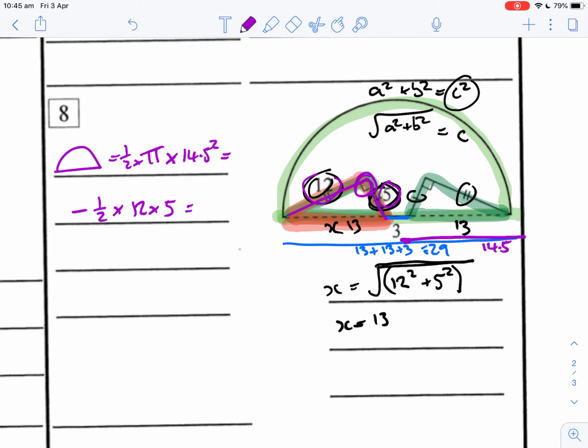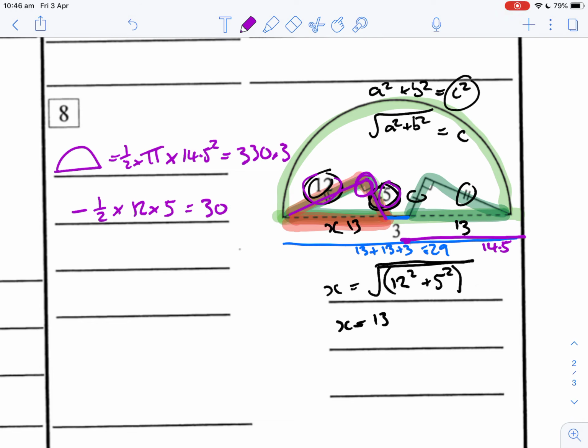So first of all, the semicircle at the top would have given you 330.3 if I'm going to go to 1 decimal place. And for the triangles, half times 12 times 5.